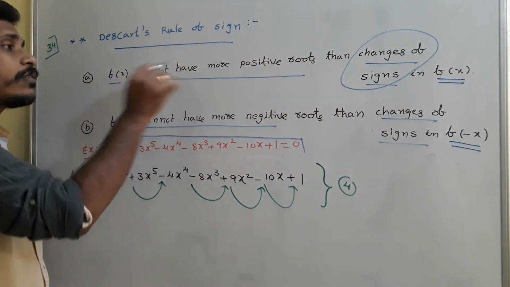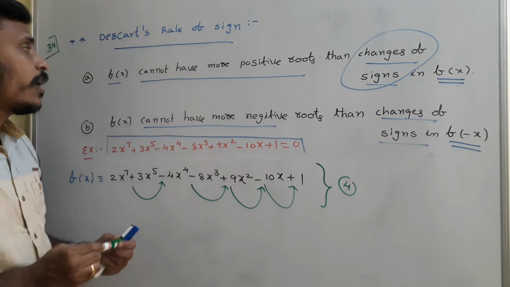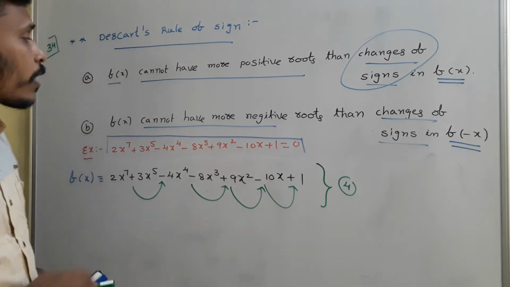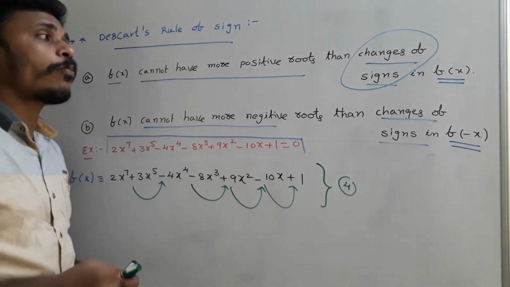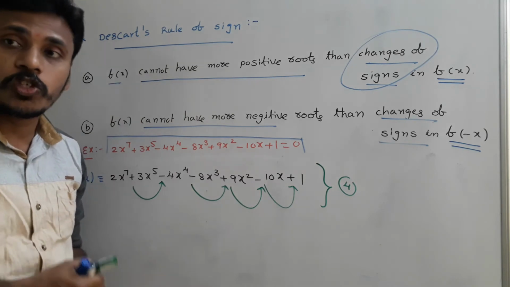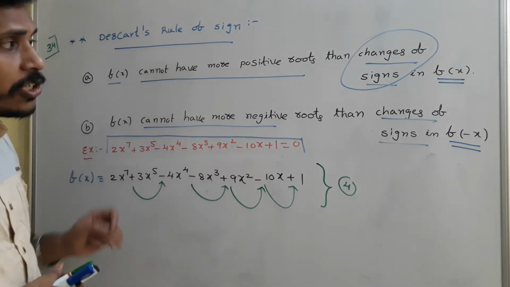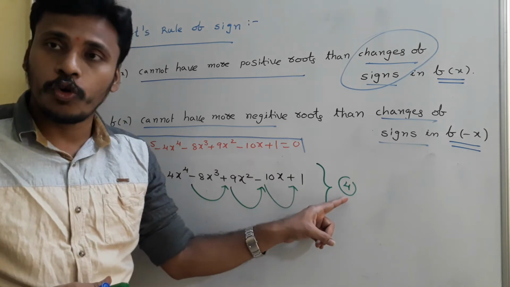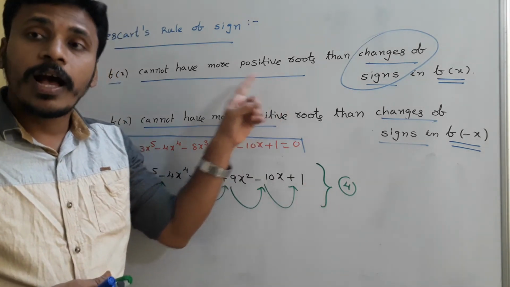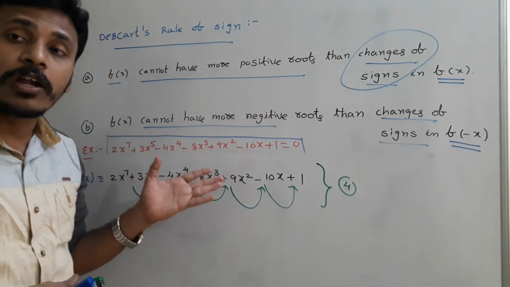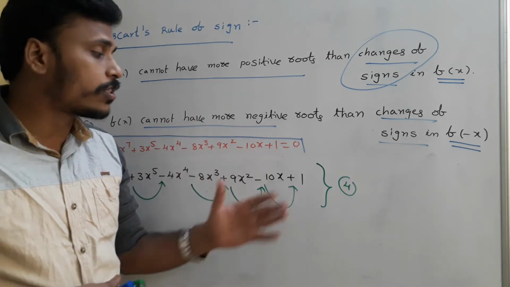So now, rule 1 is saying that according to Descartes, f of x cannot have more positive roots than changes of sign in f of x. Here, changes of signs in f of x are 4. So as per rule 1, our polynomial equation cannot have more positive roots than 4.